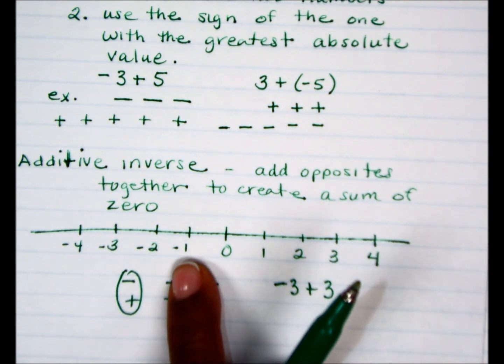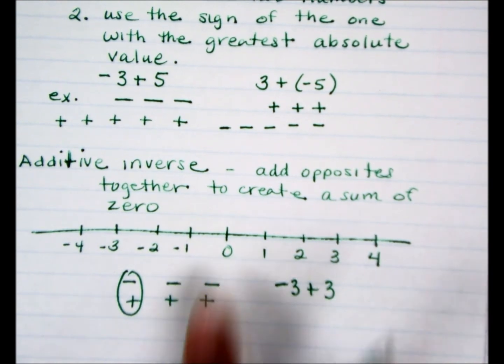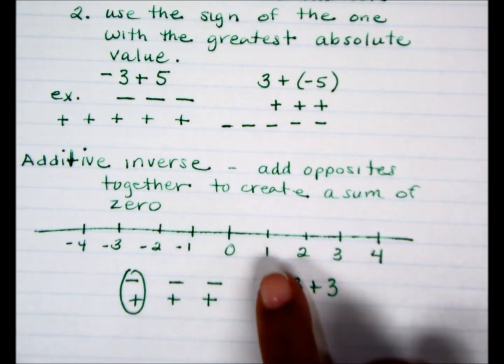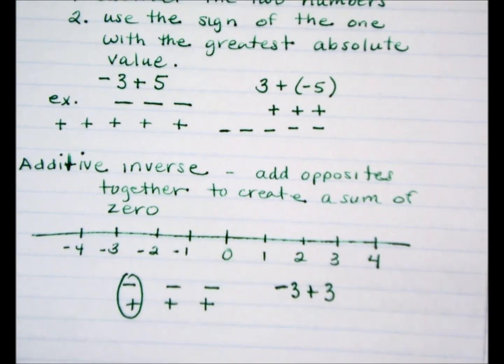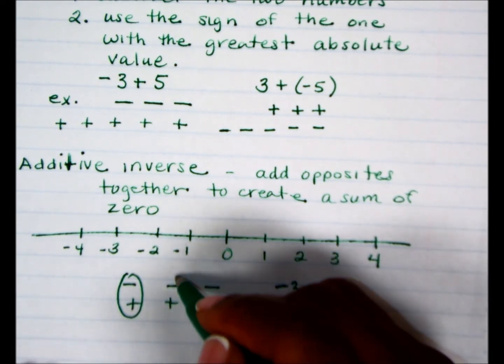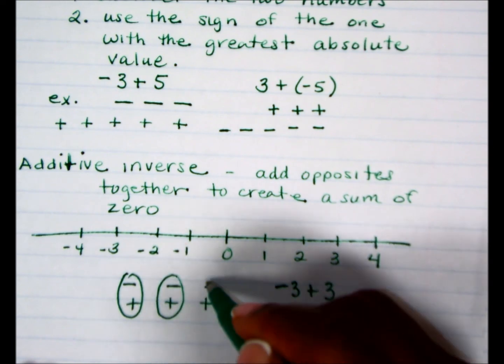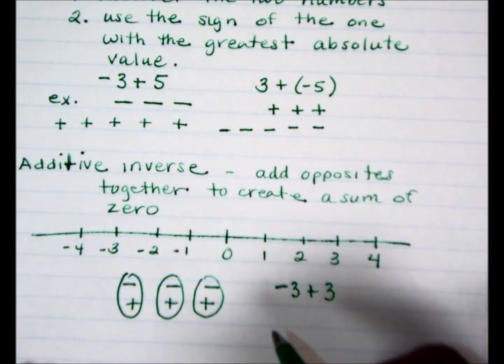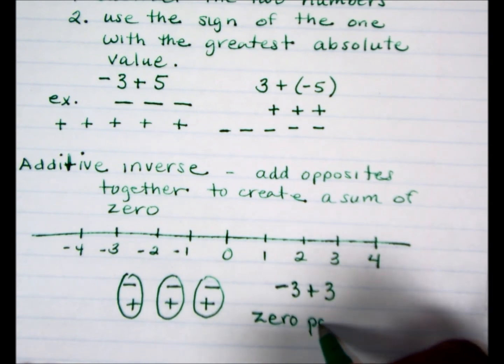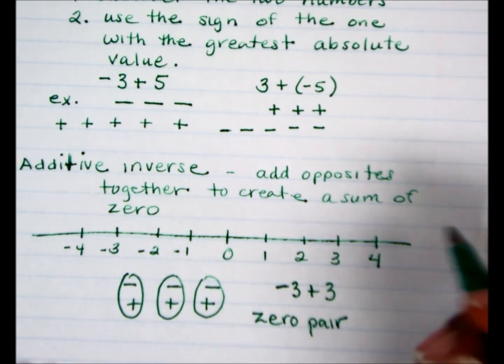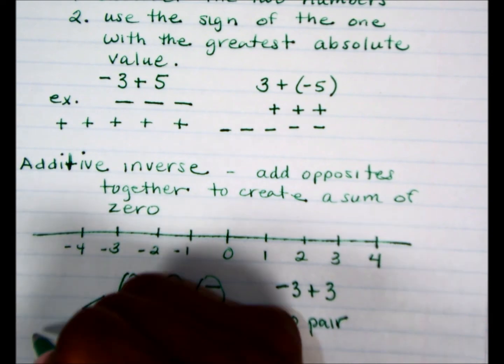If I had a -1 and I moved to +1, it would create a 0. If I had a +1 and I moved towards -1, it would create a 0. Okay? So it creates a neutral field or a 0 field. So this is called a 0 pair.